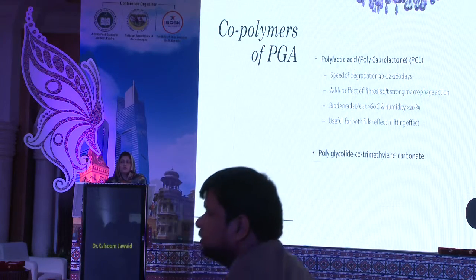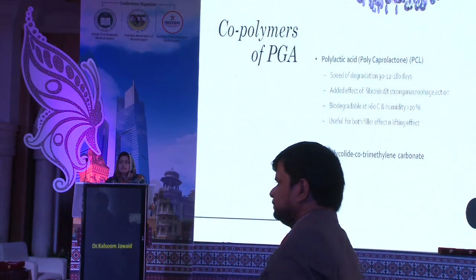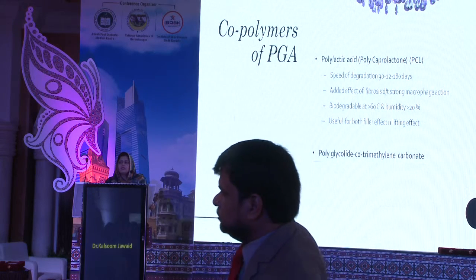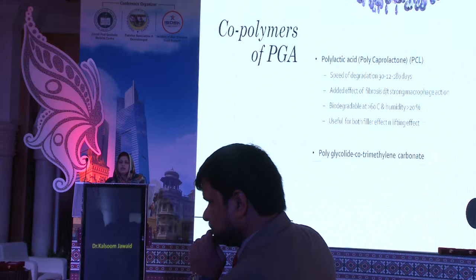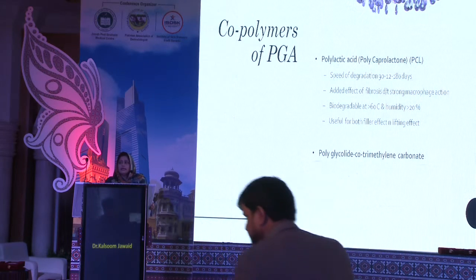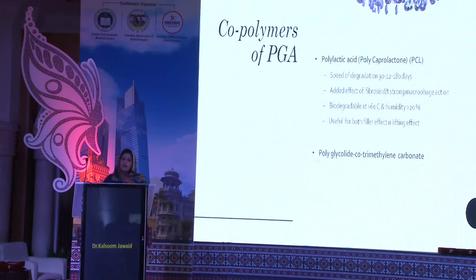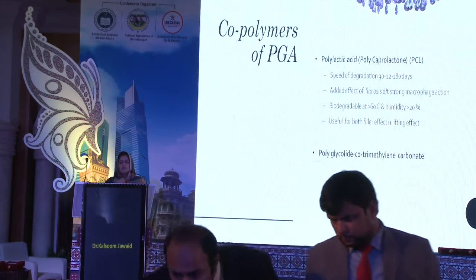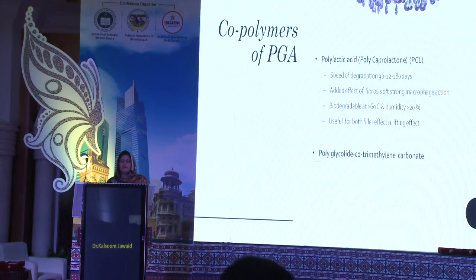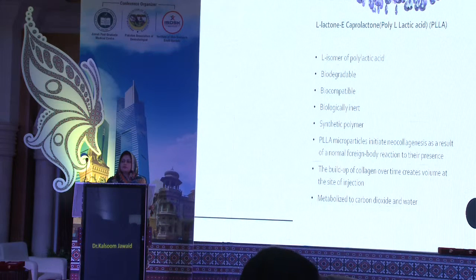Let's discuss the copolymers of polyglycolic acid, that is polylactic acid. Its speed of degradation ranges from 90 to 120 to 180 days. It has added effects of fibrosis due to strong macrophagic action when inserted into the tissues. It is biodegradable, and it is also used as a filler, with a lifting effect after injection.